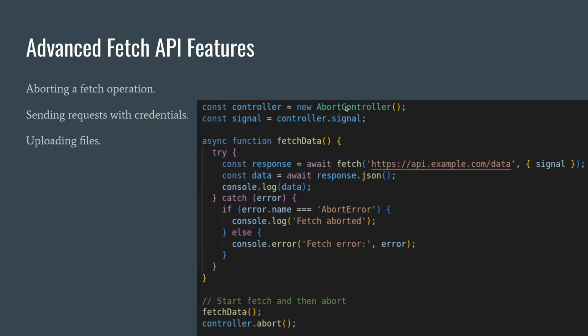Just to briefly explain what this does, you instantiate a new AbortController and then set the controller signal as a signal variable. You have an asynchronous function to fetch data with a try catch wrapped inside. When you call fetch, not only do you provide the URL, you will also provide the signal as a second parameter.